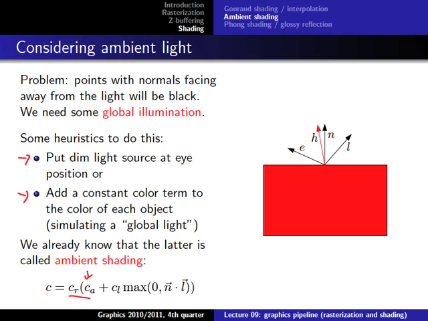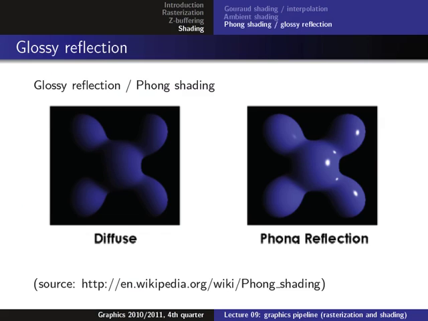So this is the fraction of the light reflected by the surface. Of course, if we introduce a global light, then we also have to consider how this is reflected from the surface. But this other factor here, the CL, was the RGB intensity term that depends on this particular light source. That of course doesn't need to be considered for the ambient shading, because the ambient shading is modeled with the CA. And that's why we don't multiply it, but have this separate term and make the sum of it.